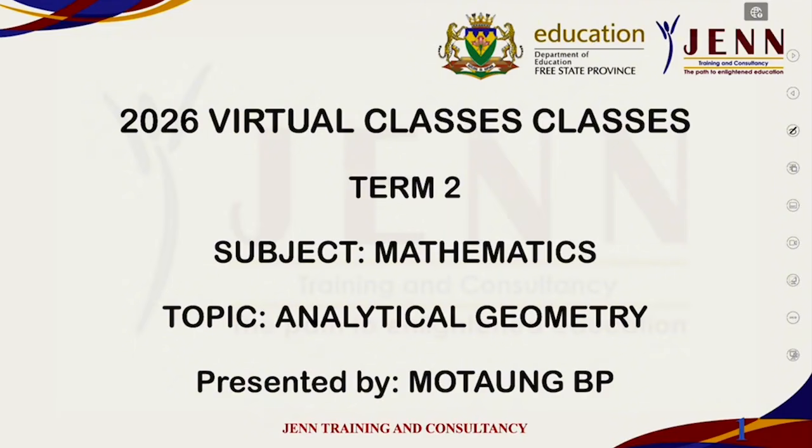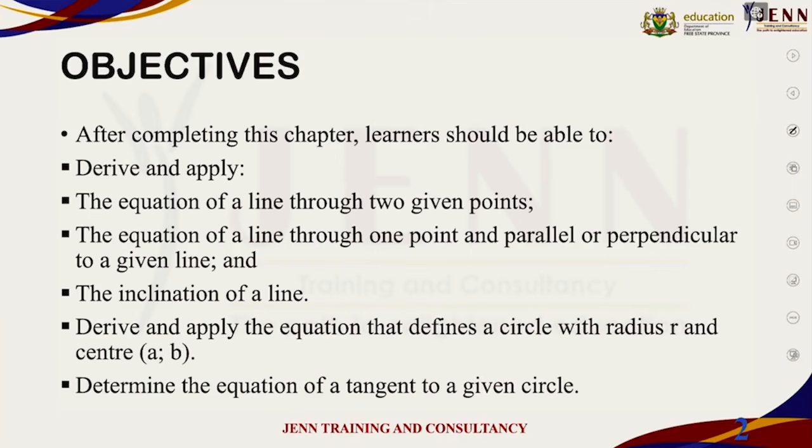Okay, let us move forward now. Our objective: we are going to start with analytical geometry of grade 11. After completing this chapter, learners, you should be able to derive and apply, first bullet, the equation of a line through two given points.